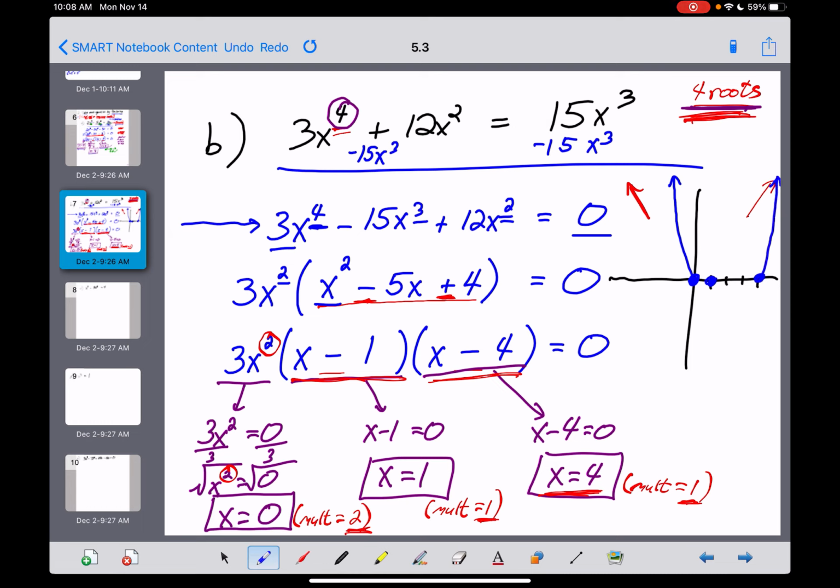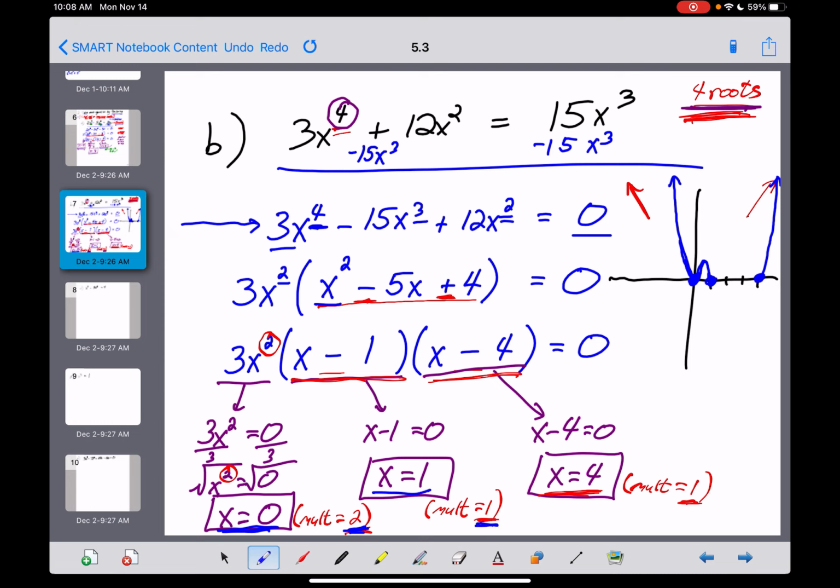So what does it do in between? Well, at x equals 0, we're starting right off with the interesting one, the multiplicity is 2, which is even. That means that the graph does not cross the x-axis at x equals 0, but rather it just bounces off it. So it's going to bounce up, okay, and back into the first quadrant. Then it's going to turn around and hit the x-axis at 1, where our multiplicity is odd.